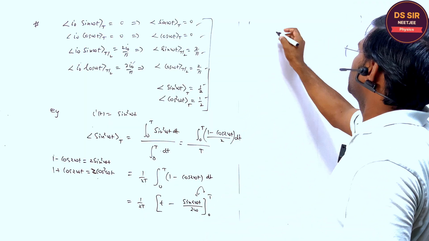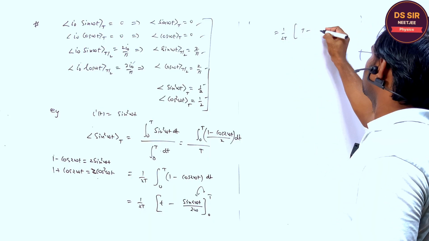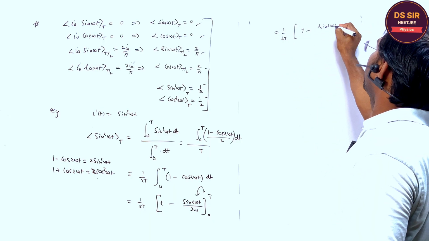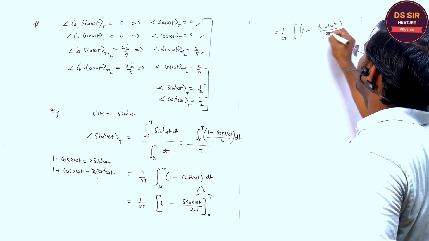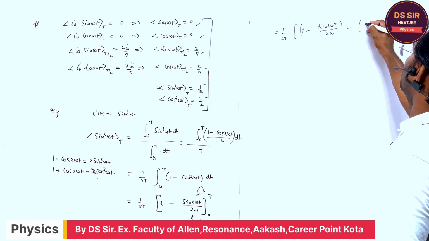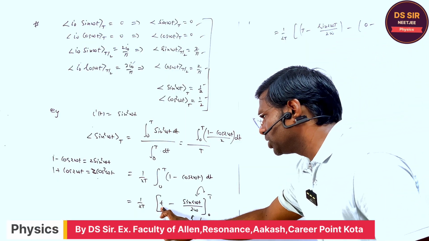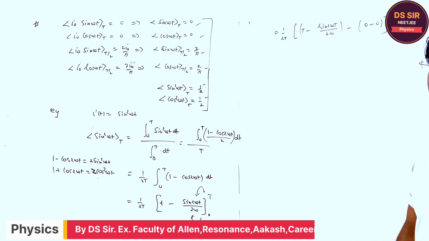With the upper limit, this is 1 upon 2 times t minus sin 2 omega t upon 2 omega, then minus the lower limit. When you put 0, sin 0 is also 0. Is it clear or not?